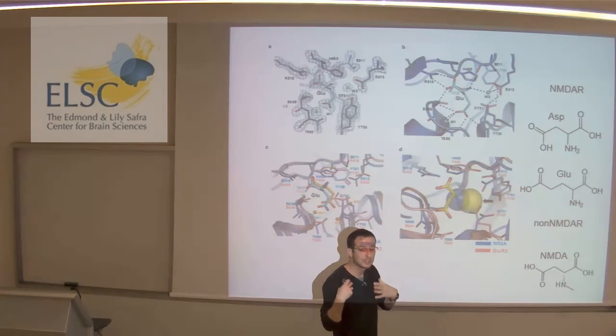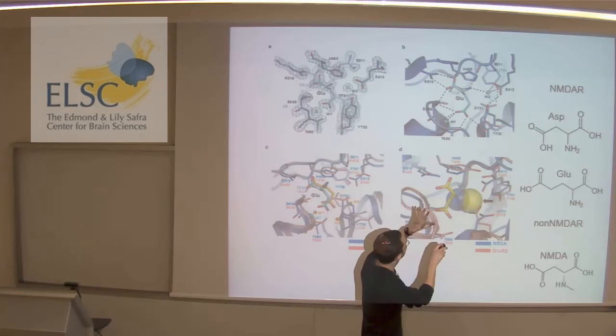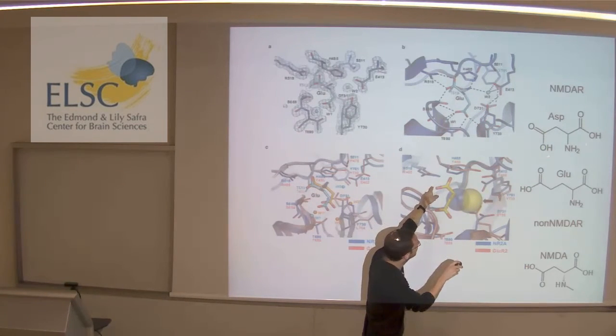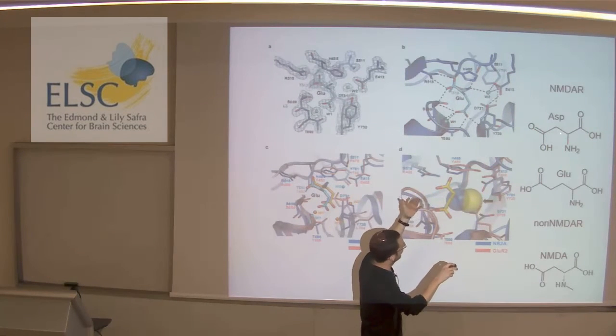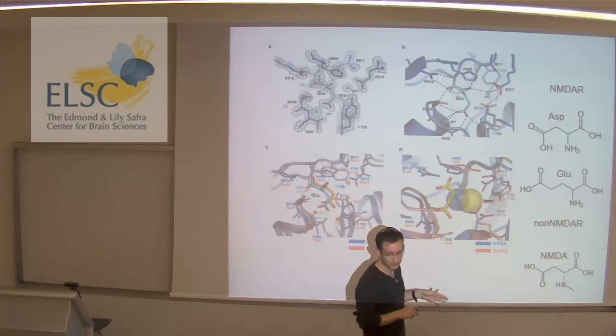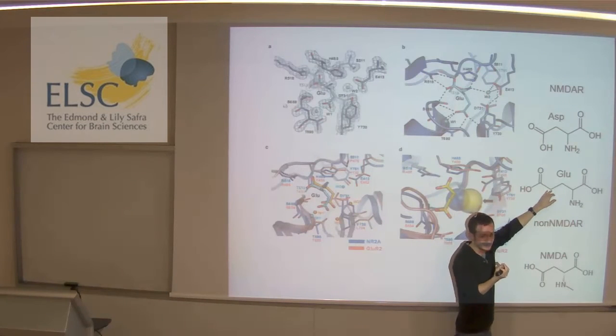If you try to do the same thing in GluR2, you will not succeed, because instead of this aspartate, it's not the aromatic ring, it's the one that's beneath it, the aspartate. You see here its structure. It has no aromatic ring, but instead of the aspartate in the NMDA receptor, you find in the same position a glutamate. And now don't be confused with the ligand, the endogenous neurotransmitter itself, glutamate.